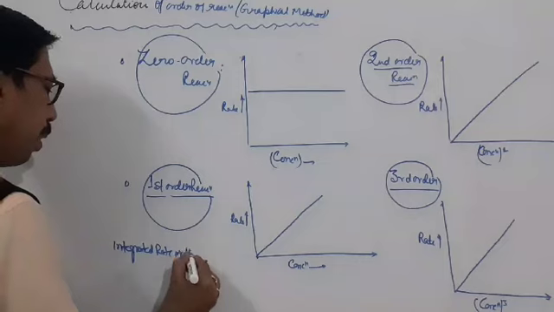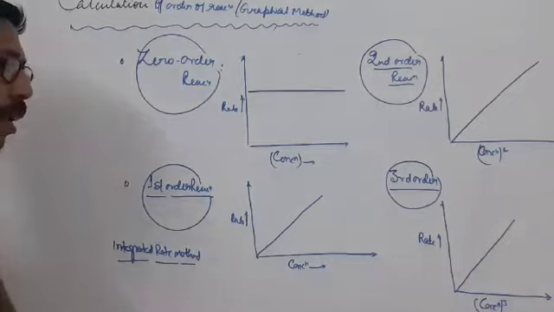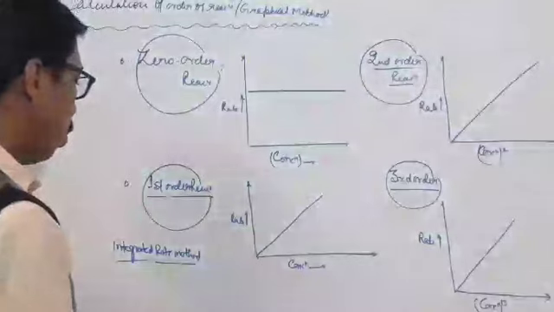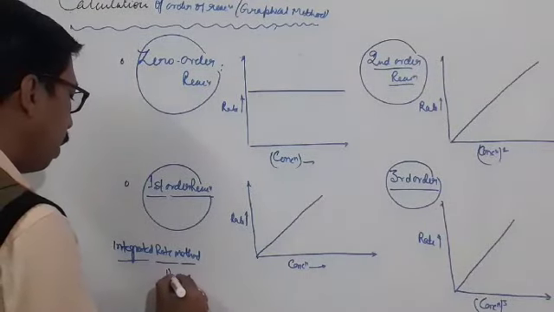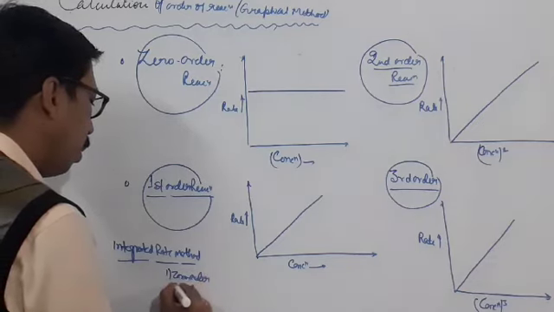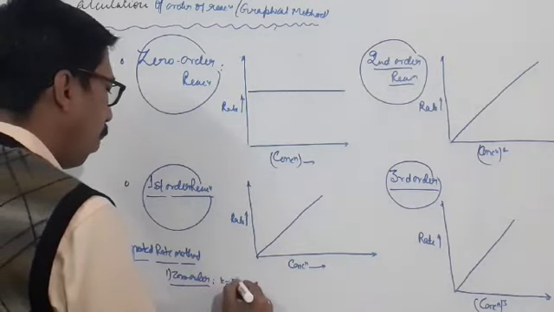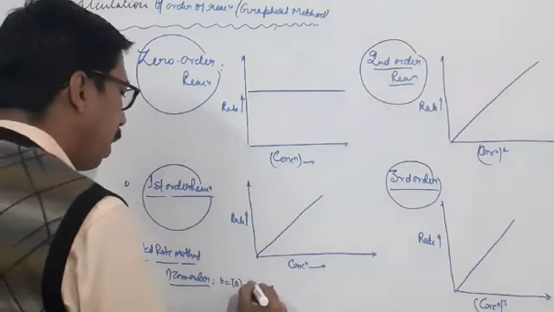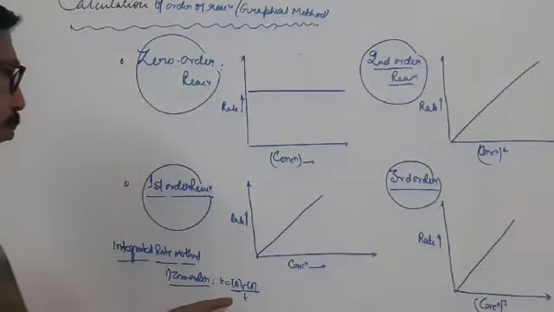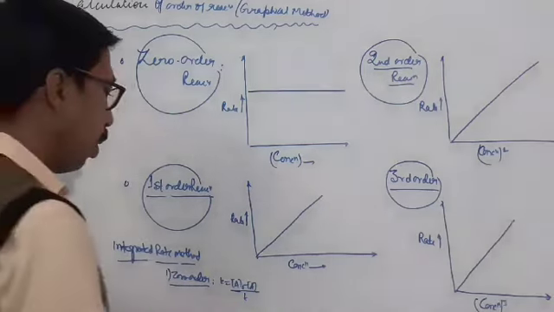Integrated rate method. As we know, the value of K is different for different orders of reaction. So if we talk about zero order, then K equals A naught minus A by t. This type of expression satisfies a zero order reaction.